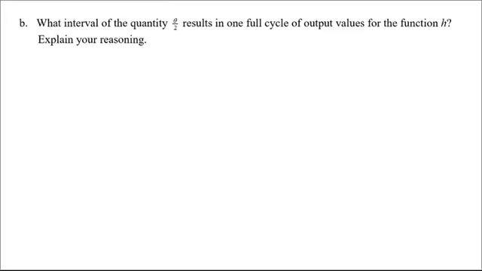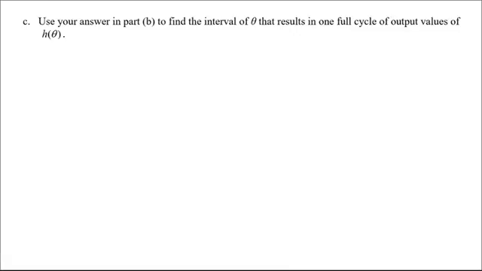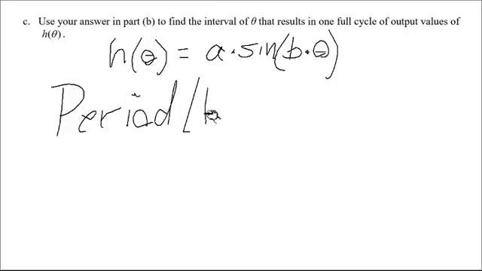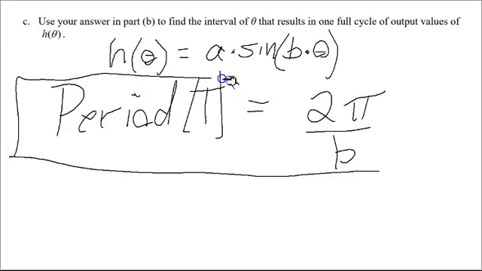A more traditional way to approach something like part C is if we have, in general, an h of theta equals some number a times the sine or the cosine, and we have some numeric multiplier b of the angle theta in our argument, we could use the formula period, sometimes denoted T, will be given by 2 pi over b. Nice formula.